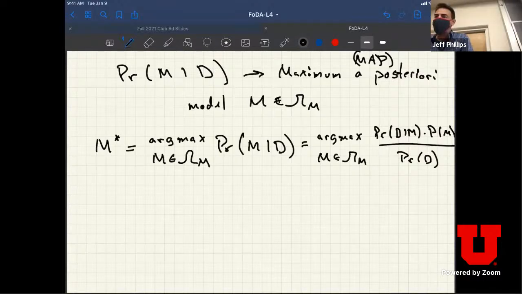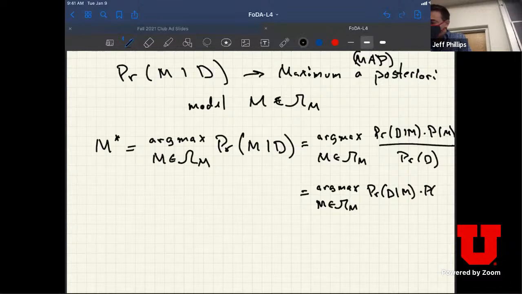Now let me formalize this trick that we did in the last problem. This is also the argmax over M, the space of the models, of the probability of the data given the model times the probability of the model.